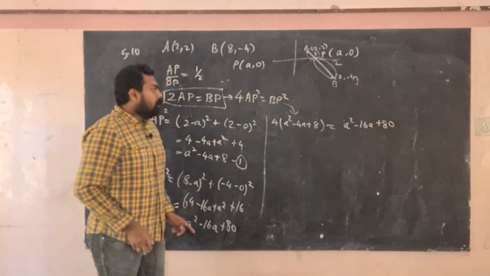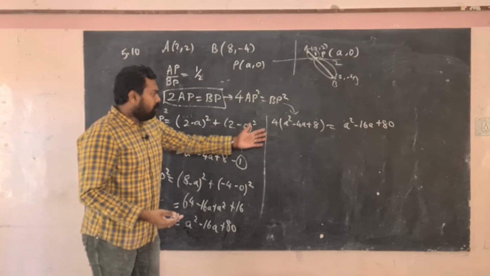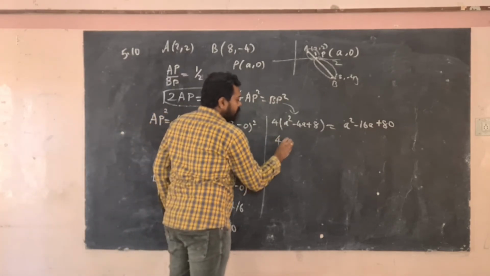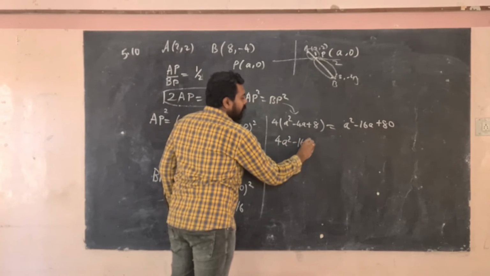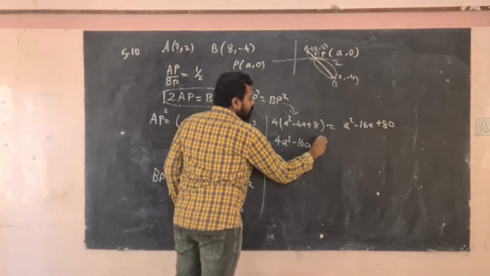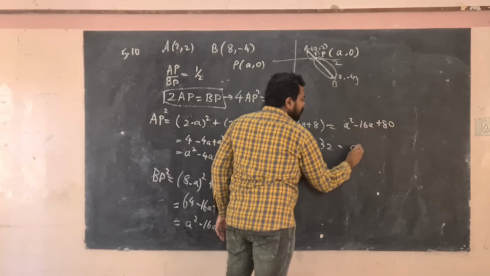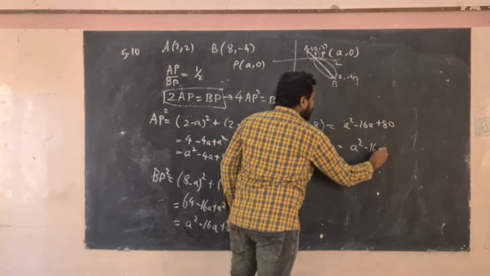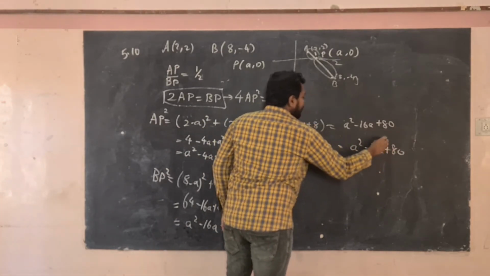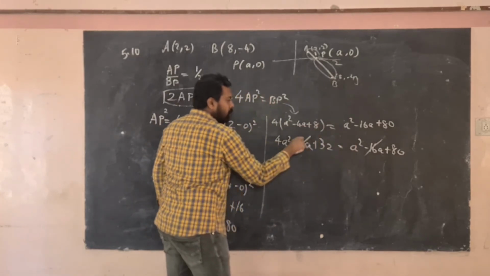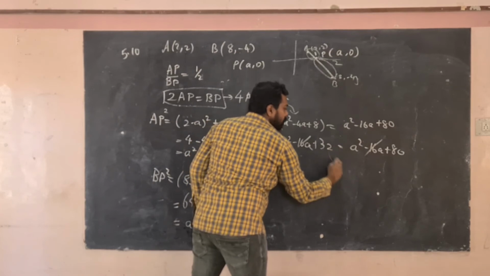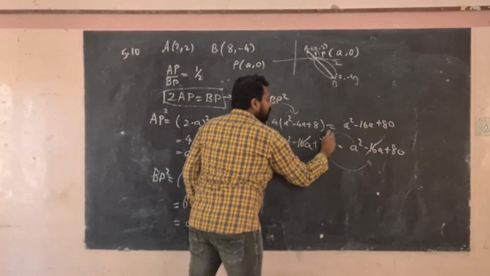Okay, so see here we expand 4 into a square minus 4a plus 8. 4 into 8 is 32, equal to a square minus 16a plus 80. See, 16a will get cancelled. I bring the a square to this side, and this 32 goes to the other side.